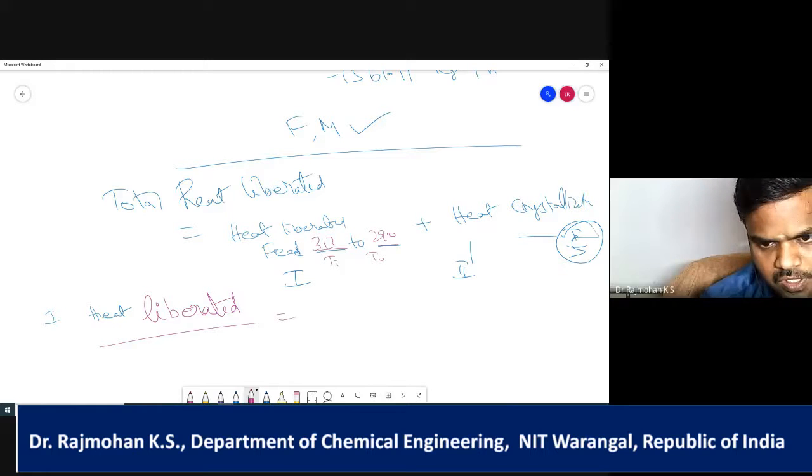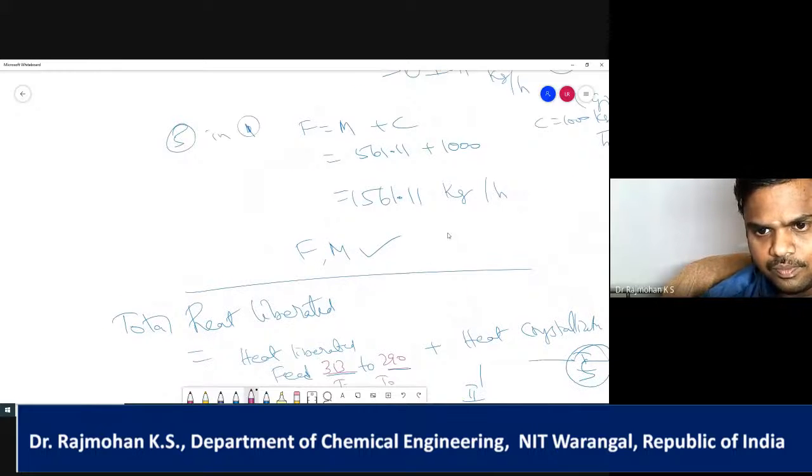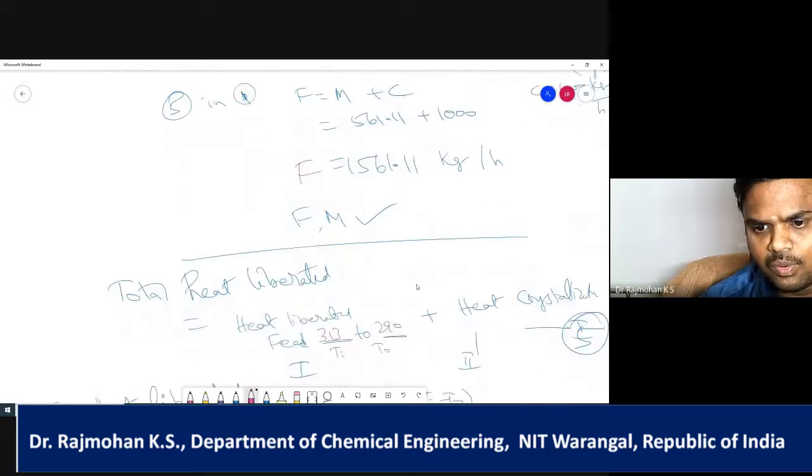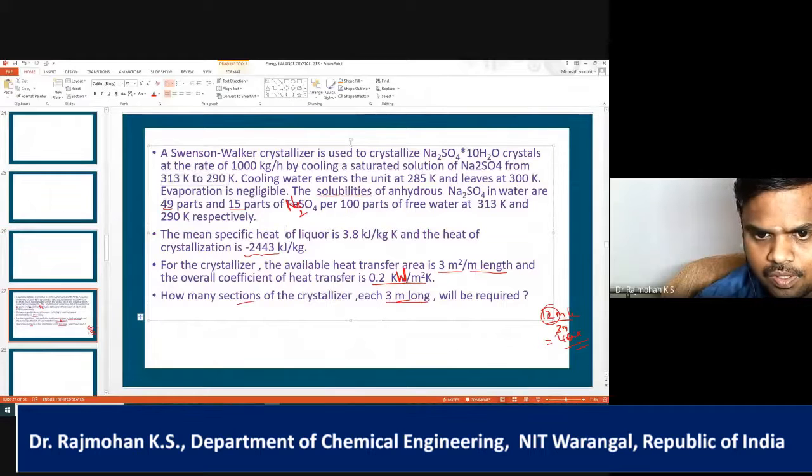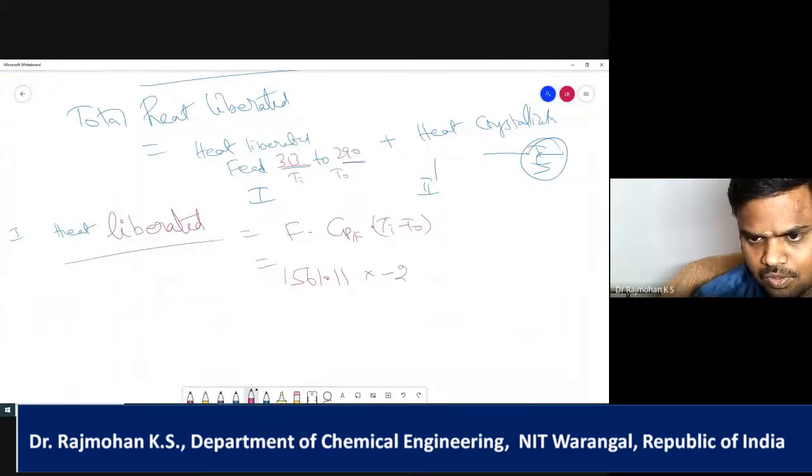The formula for this is F into Cp of the feed into Ti minus T naught, that is M Cp delta T. Here M is F. The F value you have calculated, 1561.11, into the Cp value given in the question.